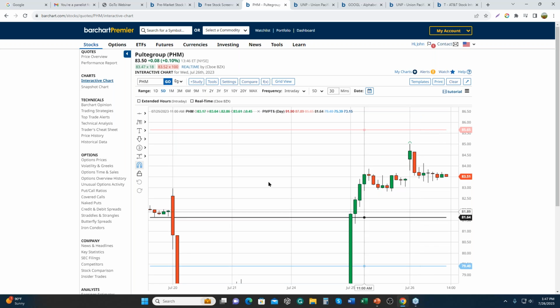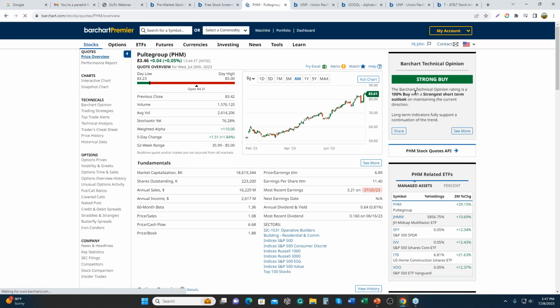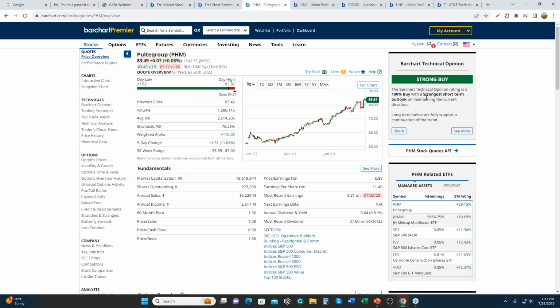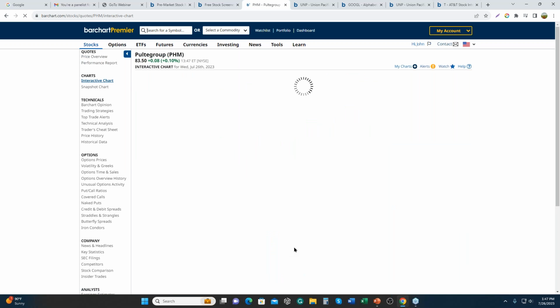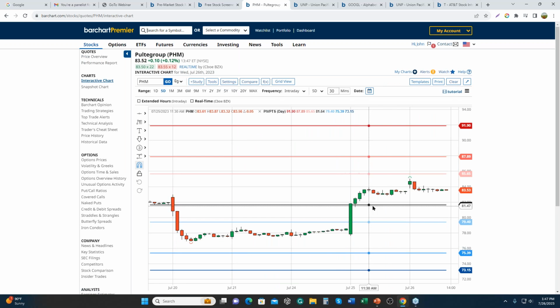And again, if I did my Barchart opinion, this is giving us 100%. This is a stock that is continuing to trade higher. And again, the earnings came out, I guess this was last night. We got a little bit of a bump, but again, what could I look for in an opportunity? Well, let's look for that slight price movement today from last night, right?